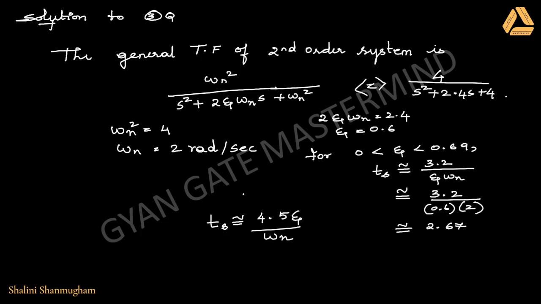But for psi greater than 0.69, the settling time is directly proportional to the damping coefficient. Okay. So for our problem, the answer is 2.67.